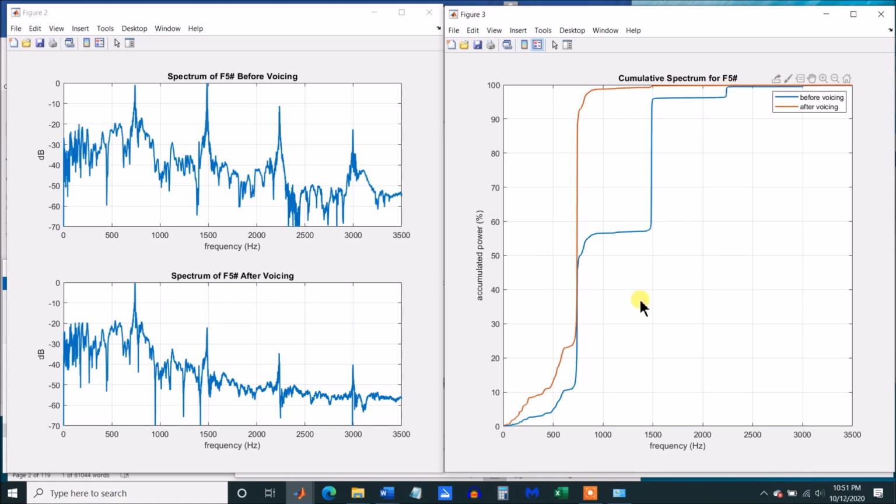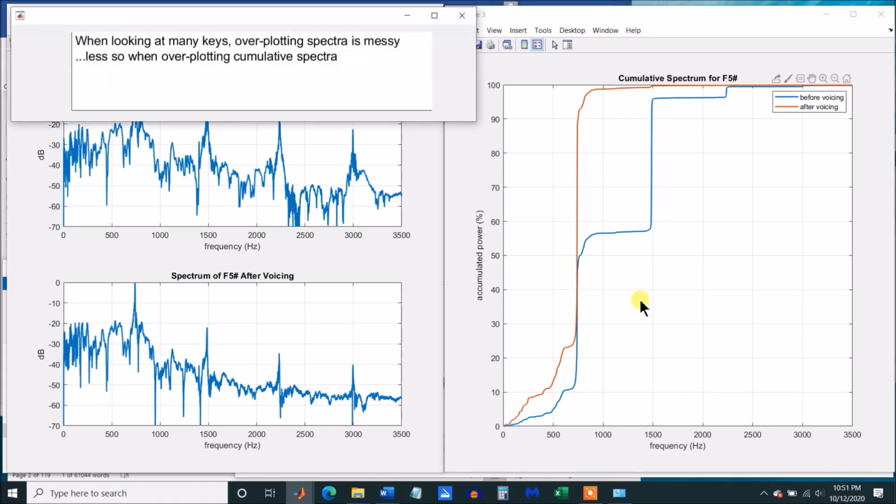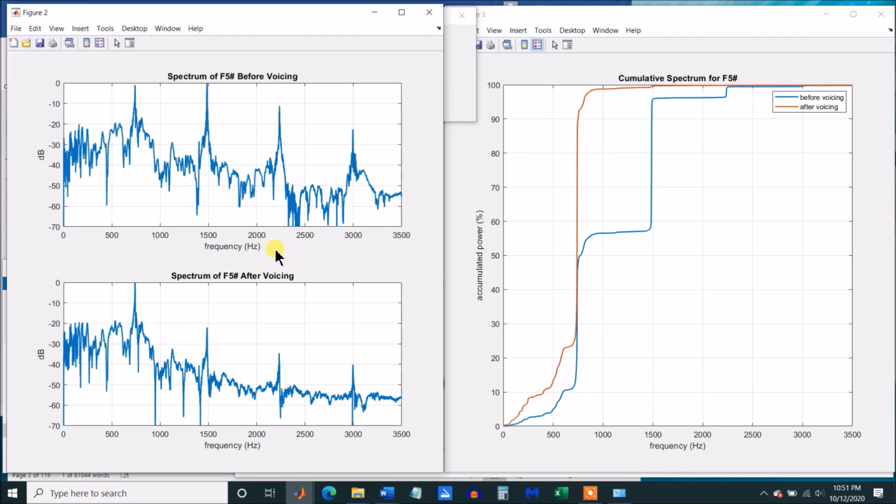So this particular way of plotting can be helpful sometimes if you want to overplot. For example, if I were to compare these two spectra by overplotting, in other words, plotting these two spectra on the same graph, it wouldn't be particularly insightful because these things are so noisy and it's difficult to gain the insight.